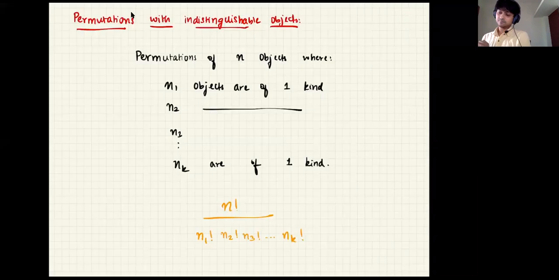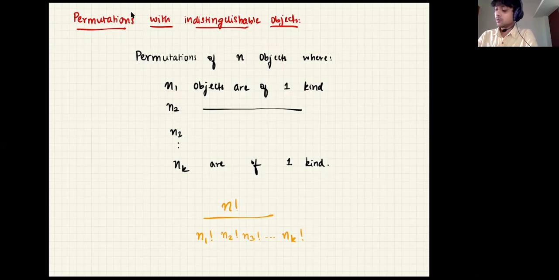So now let us generalize this. I want to permute n objects where n1 are of one kind, n2 are of a different kind, and nk are of a different kind.